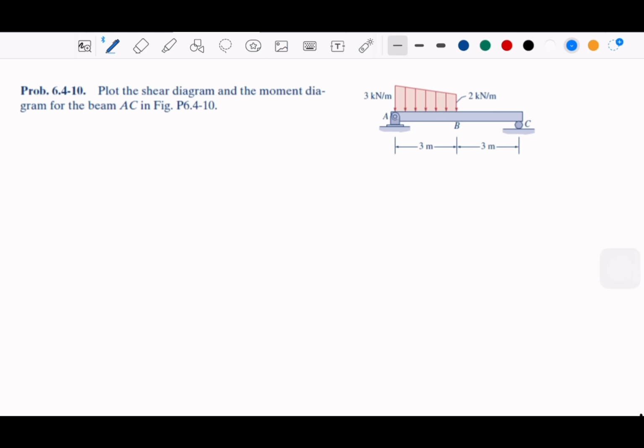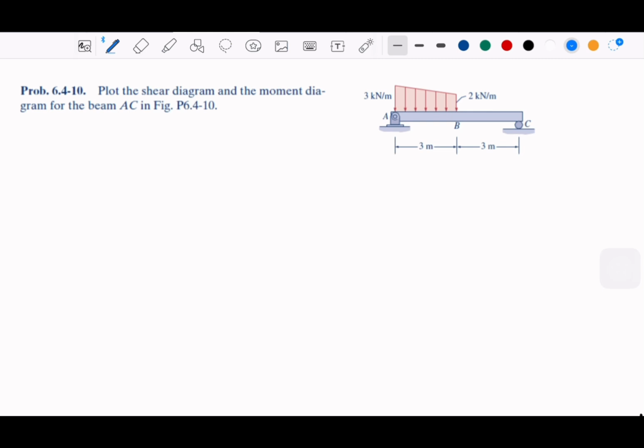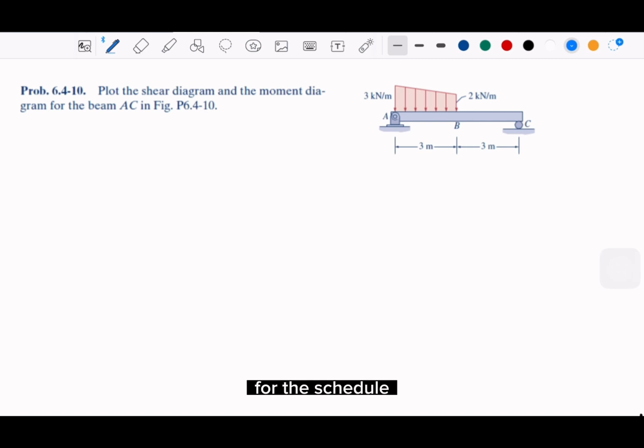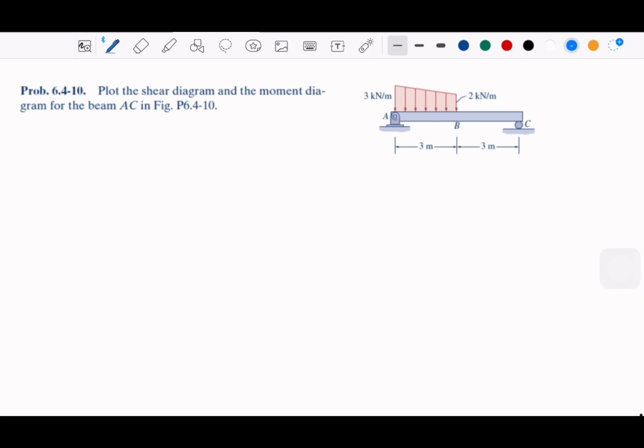What would be the final for polymer? You can make it early, one week early, and the polymer is next week, or the polymer first and then mechanics. We can do that way, but if not, then perhaps just Monday, Tuesday. But I will discuss this again next Tuesday. For the schedule, we still have time for discussing that.